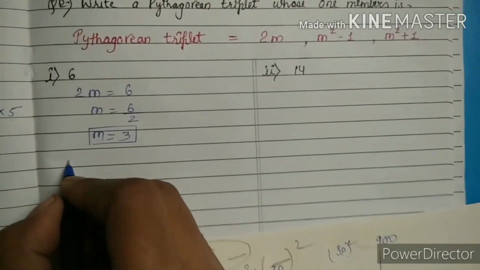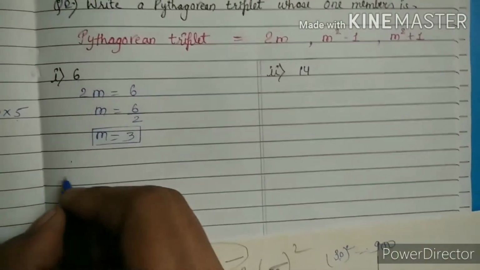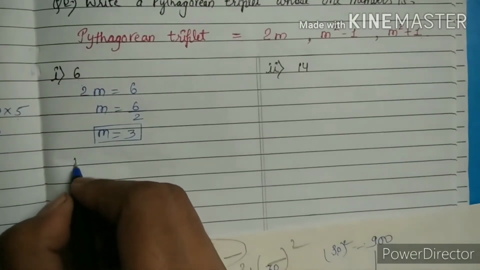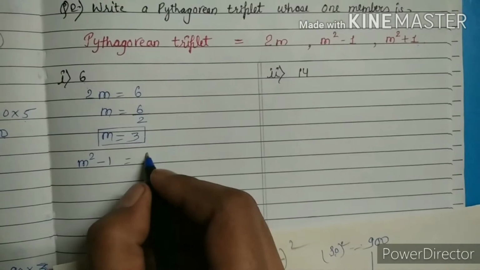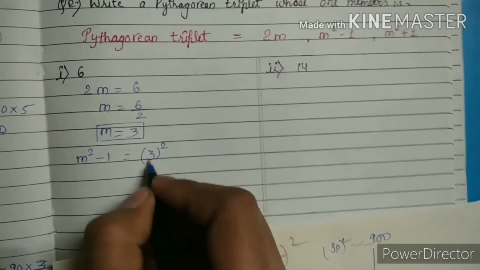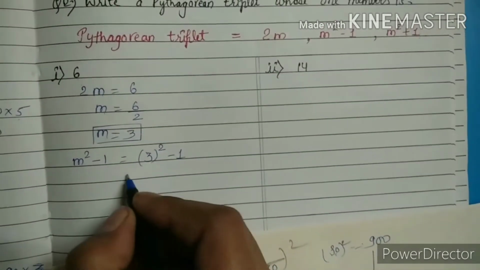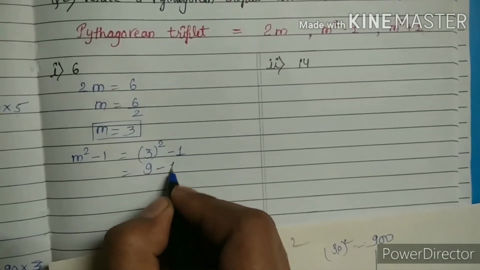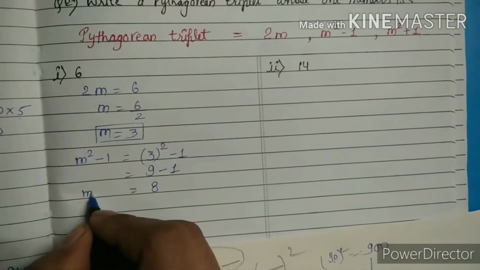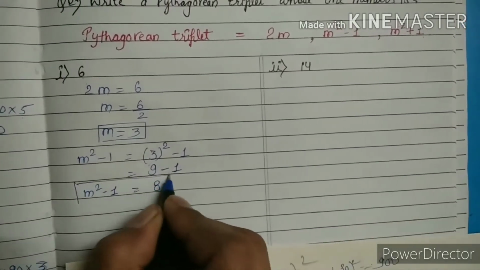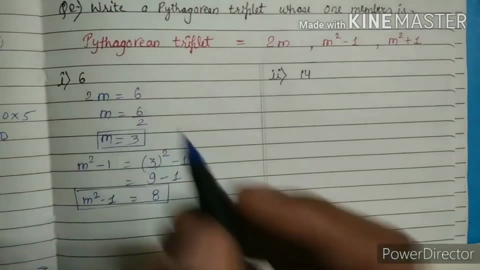Now for the different Pythagorean triplet of 6, next is m square minus 1. We have already seen the m value is 3. So we put here m square minus 1. So 3 square is 9 minus 1. So m square minus 1 value will become 8. So first is 6, second is 8.